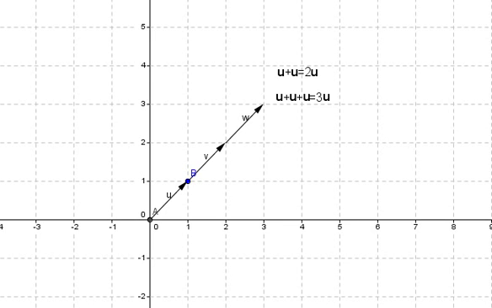Now if we multiply vector u by a negative number, by negative 1, the result is the opposite of vector u. So here is negative u.